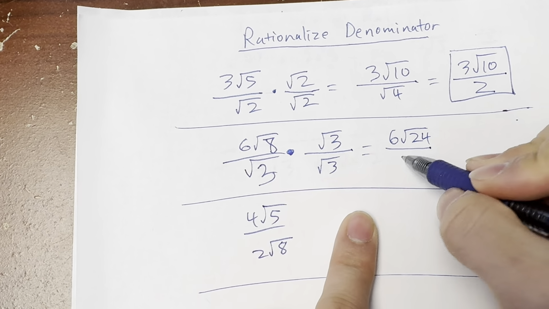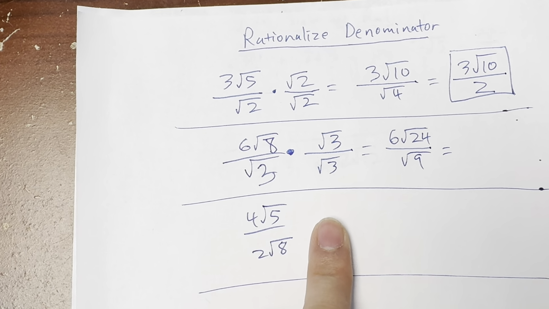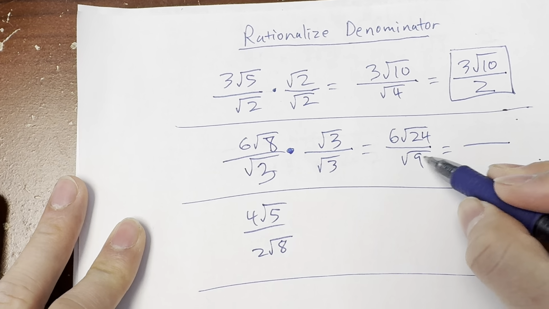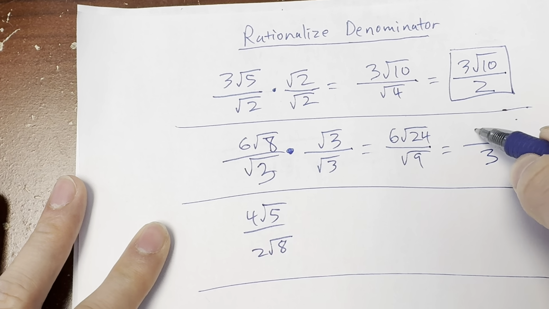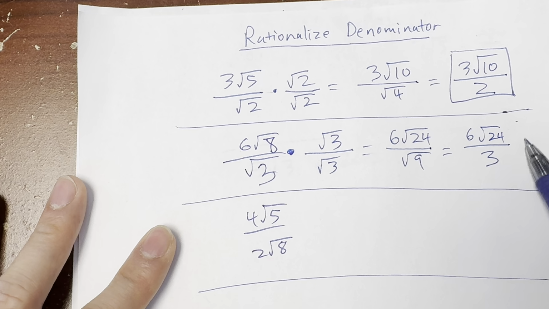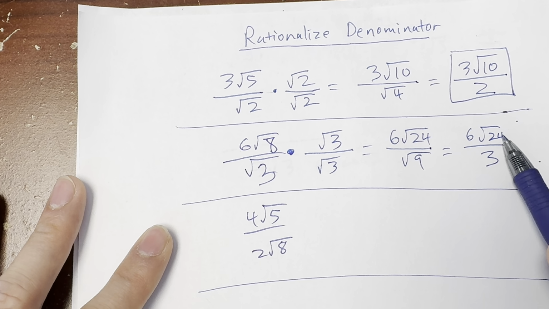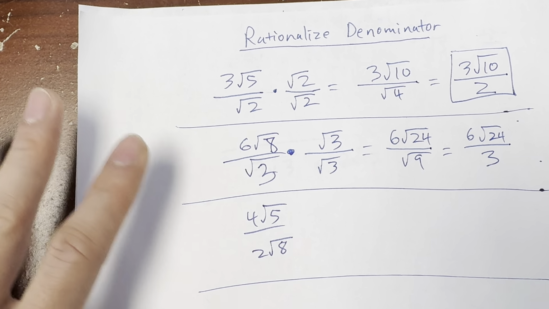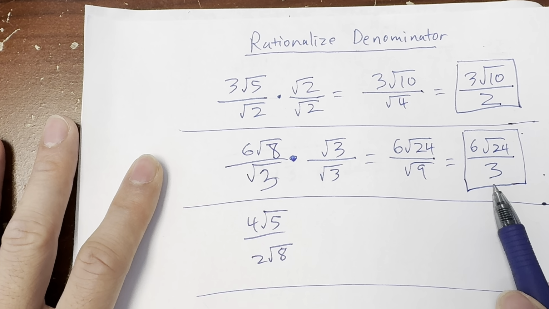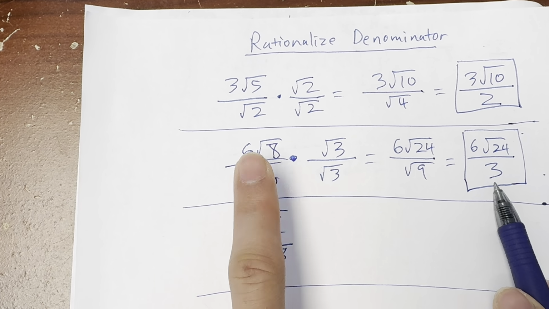Root 3 times root 3 is root 9. For the sake of speed and clarity, I'm just going to simplify the denominator. Root 9 is going to be 3, and I'll keep the numerator 6 root 24. Of course, you can always simplify root 24 because it's too big of a number. It can be simplified even further, okay? But the point of this is that you are getting the denominator to not be a square root anymore.